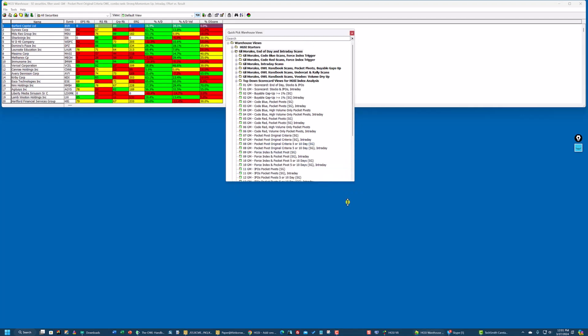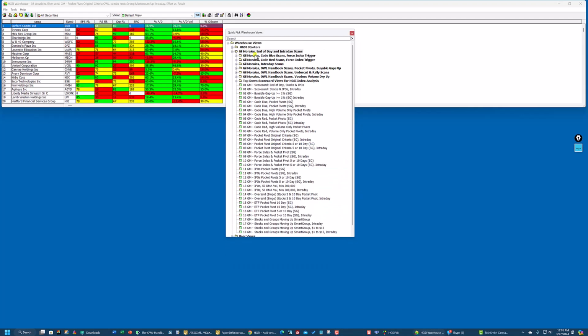Okay, I'm going to expand this. Now these views right here, views are scans. These are all scans, warehouse views with filters and combo rankings attached to them. These are the original ones, or these were in the original files which you're replacing with these new files. So everything you had before is in here.